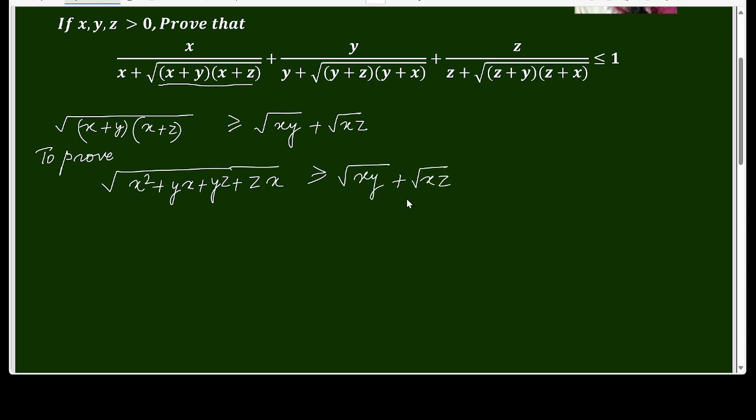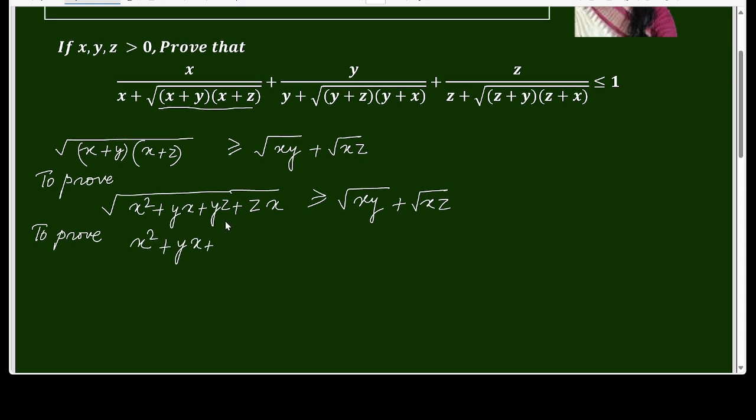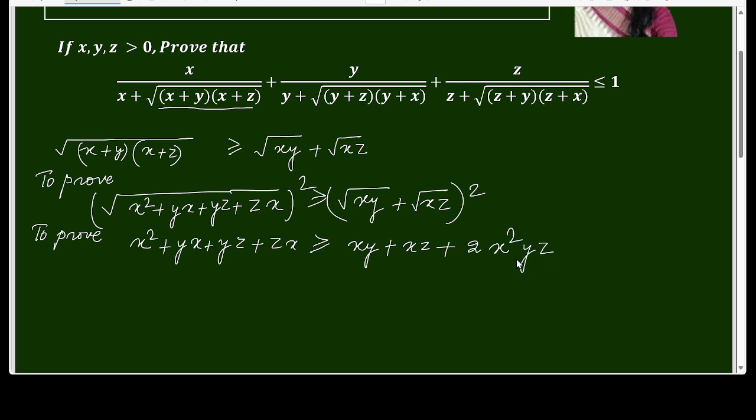Or to prove that x square plus xy plus yz plus zx is greater than or equal to the square of this. I am taking the square of this. So here it will be xy plus xz plus twice x square root of yz.